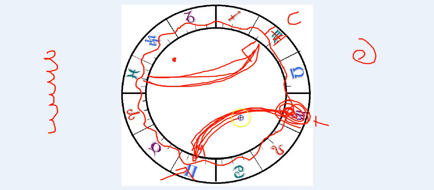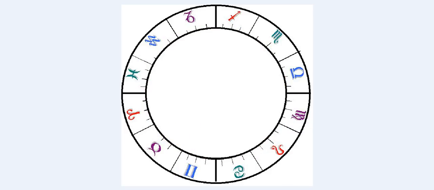These two are mutable. They make this X. Jupiter here. Jupiter and Sagittarius.